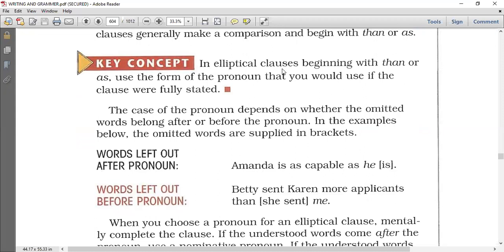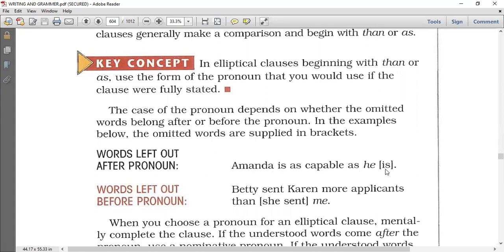In elliptical clauses beginning with than or as, use the form of the pronoun that you would use if the clause were fully stated. The case of the pronoun depends on whether the omitted words belong after or before the pronoun. Let's see. Amanda is as capable as he.